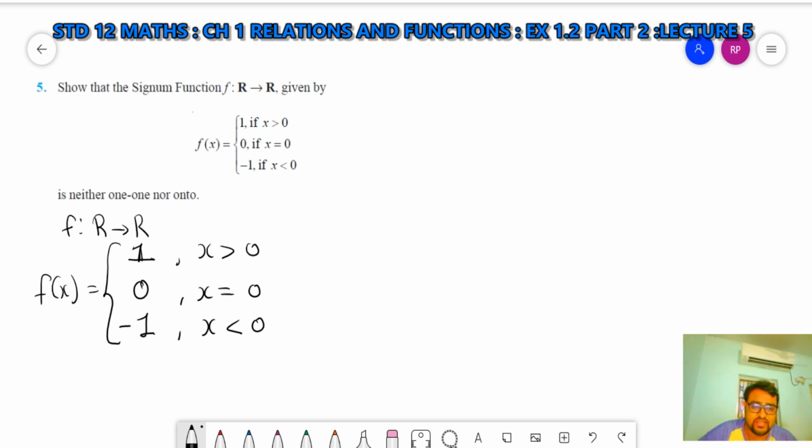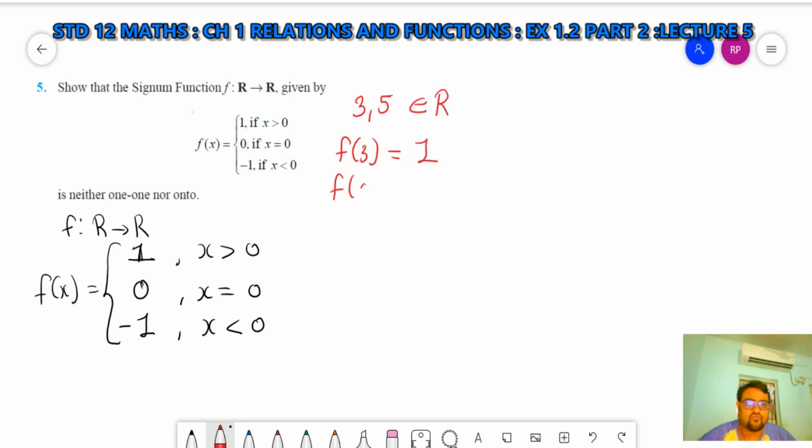So it has three values, 1, 0 and minus 1, right? So first it's very easy now, and also it is given that you have to prove it is neither one-one nor onto. Now let's take any two positive numbers, any two numbers greater than 0, 3 and 5. Both of them belong to R, meaning the domain, right? What is f of 3? In this case, greater than 0, so 1.